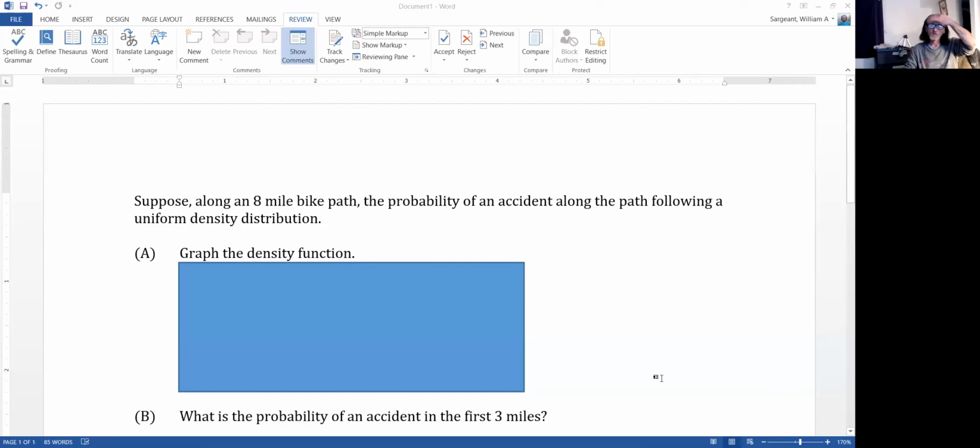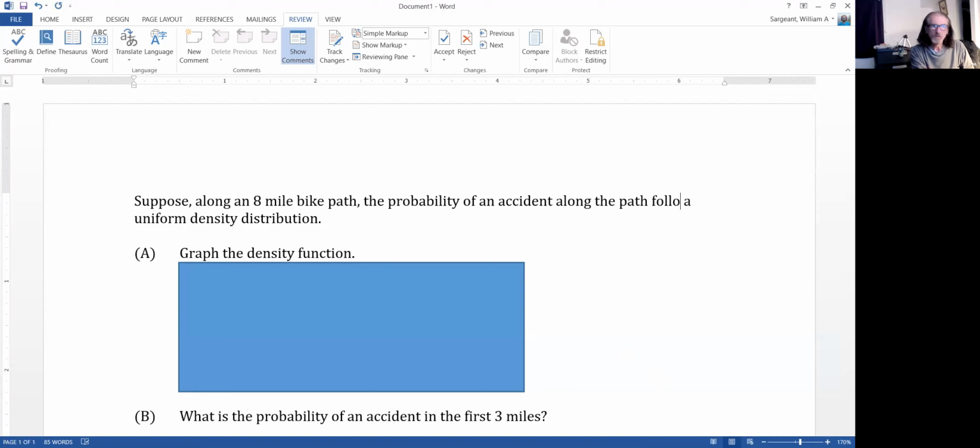And the graph of a uniform density function would look like a rectangle, uniform because of horizontal. Okay, so suppose along an 8-mile bike path, the probability of an accident along the path follows a uniform density distribution.